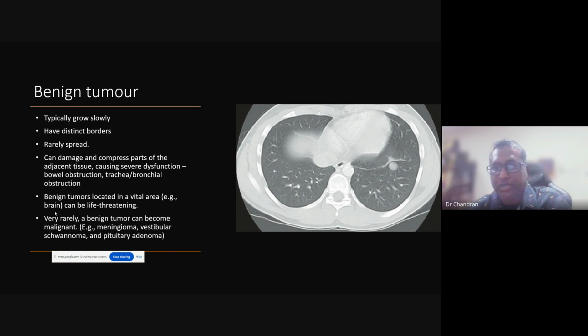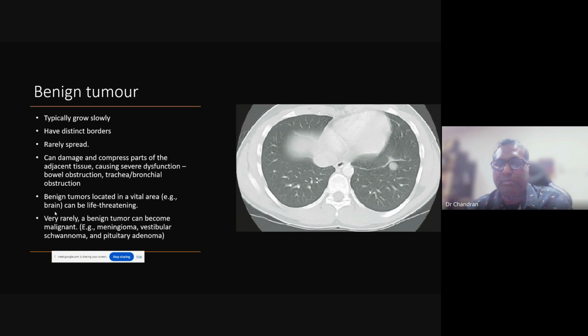For example, if you have a benign tumor in the brain, then we know that although it's very slowly growing, there's no space in the brain for it to grow. So for it to grow in the brain, it needs to press on the normal brain structures, and that causes problems. Because when you press on any structure in your brain, that part which it supplies, that part which it controls, might lose its function, and that causes problems.